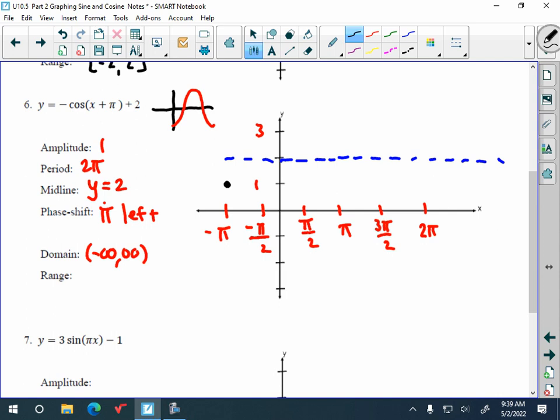All right, then we're going to go up and then back down. All right, so we start low, we're going to end low. Our last point should be 2 units away from this one right here. Okay, should end right here. All right, so put your 5 points in there.